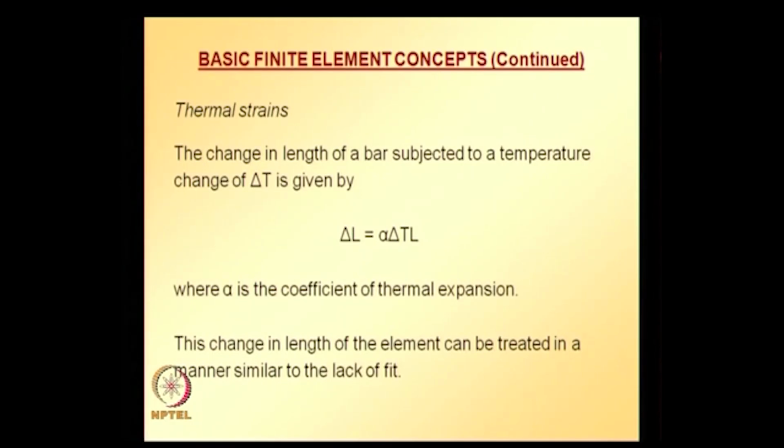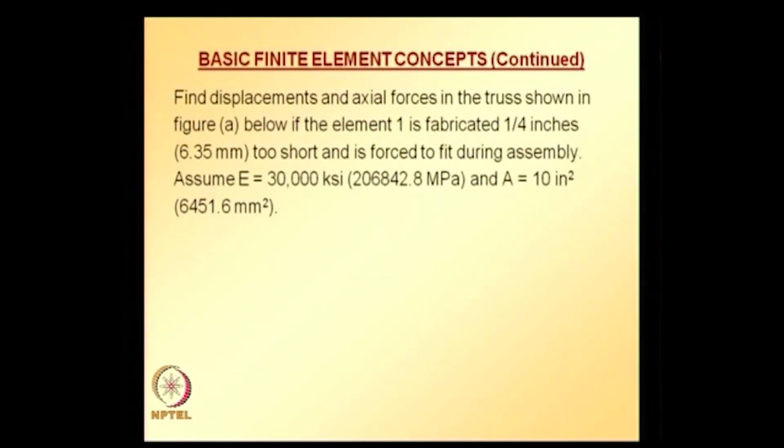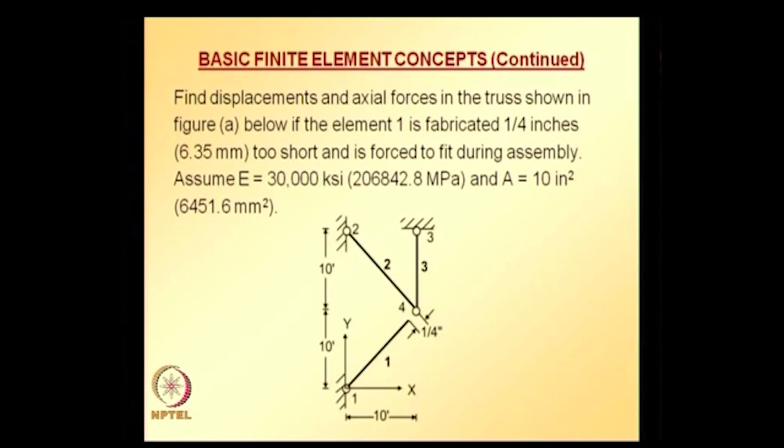A plane truss problem. Find displacement and axial forces in the truss shown in the figure below if element 1 is fabricated too short by an amount of 6.35 millimeters, or 1/4 of an inch; corresponding SI units in millimeters are also given.